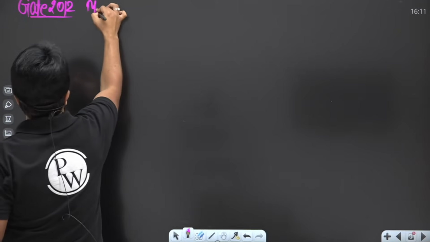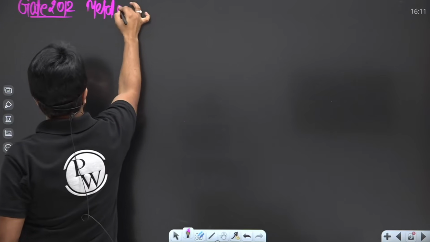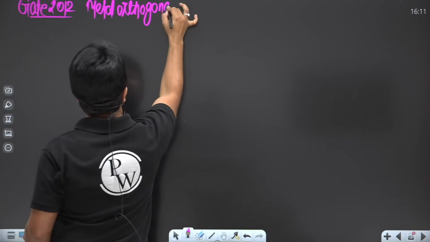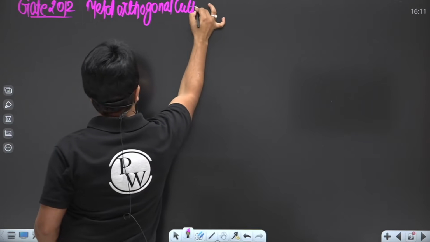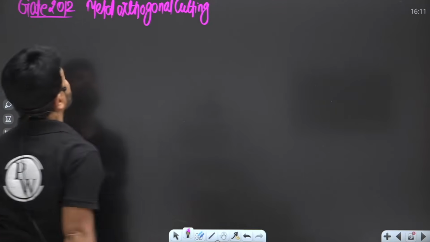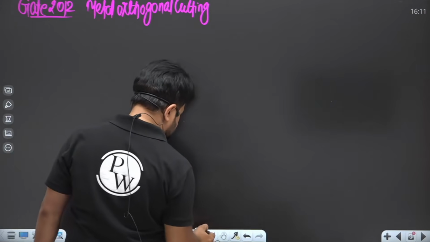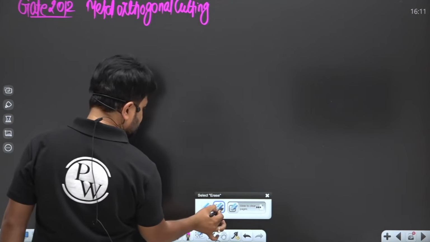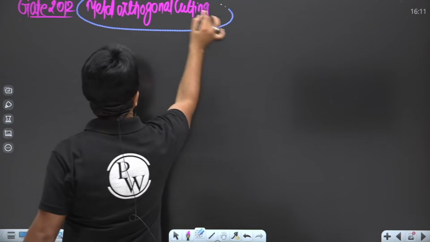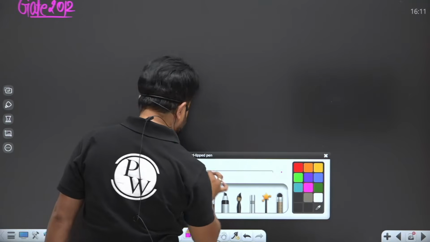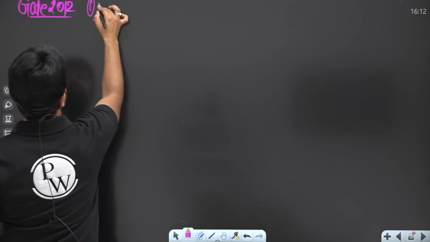Orthogonal metal cutting is given. I think it will not be clear, so I will use a pencil.